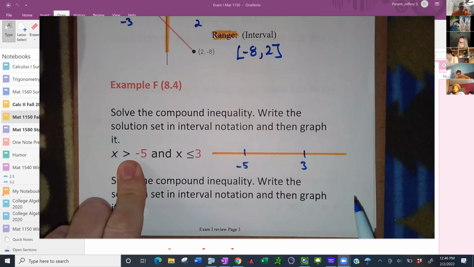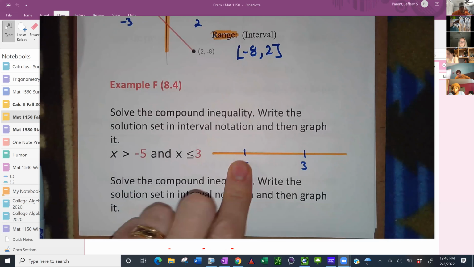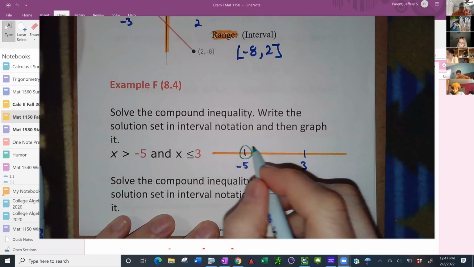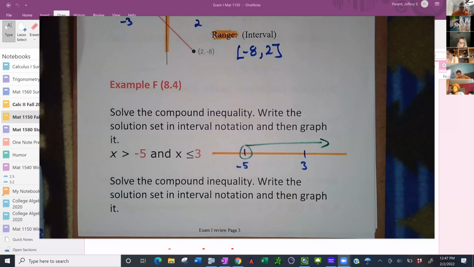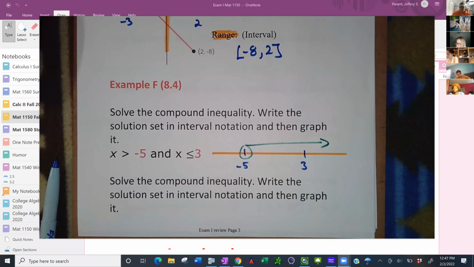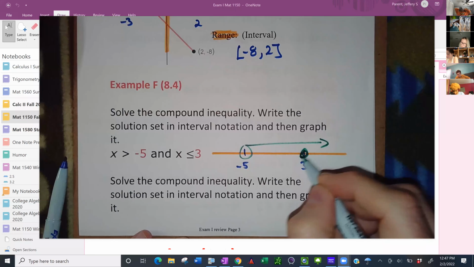X is greater than -5. What kind of dot is that going to put on -5? Hollow. Good. So a hollow dot, arrow to the right. And then x is less than or equal to 3. That's going to put a solid dot on 3.